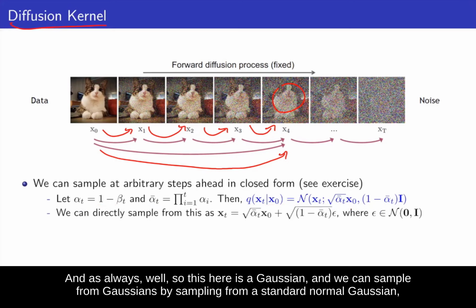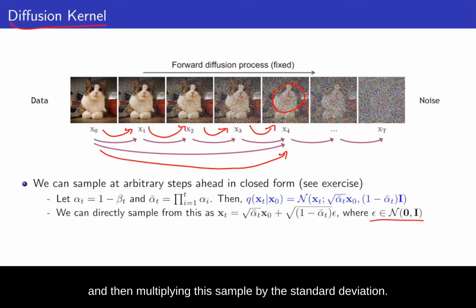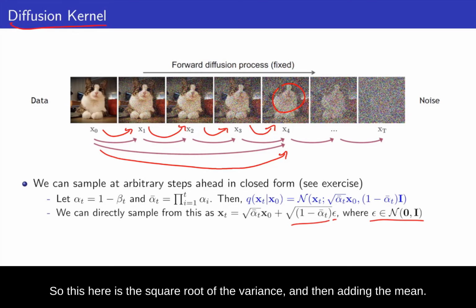And as always, this here is a Gaussian, and we can sample from Gaussians by sampling from a standard normal Gaussian and then multiplying this sample by the standard deviation, which is the square root of the variance, and then adding the mean.